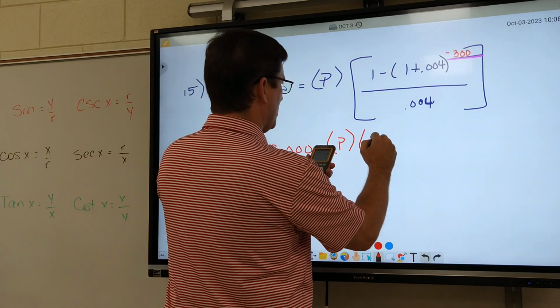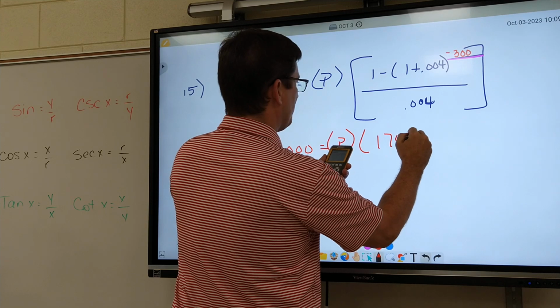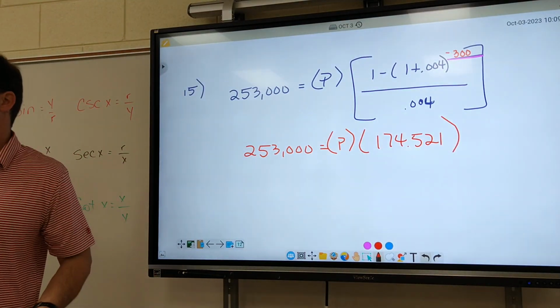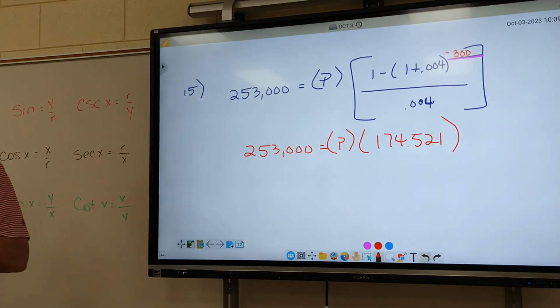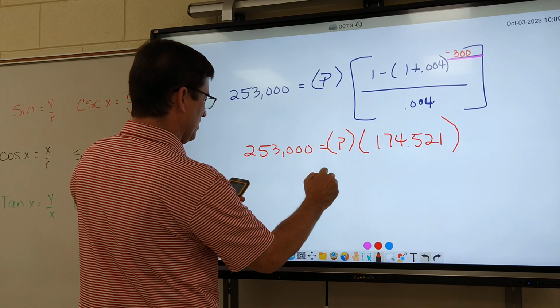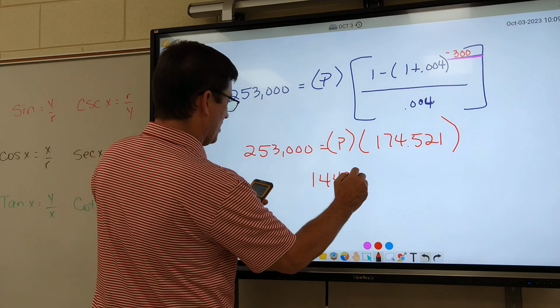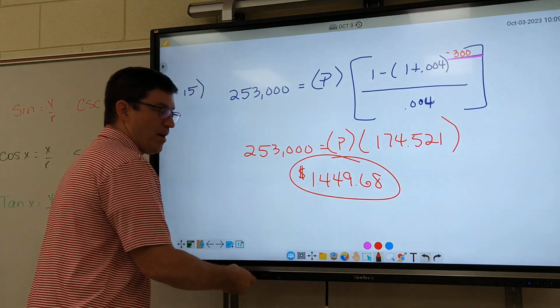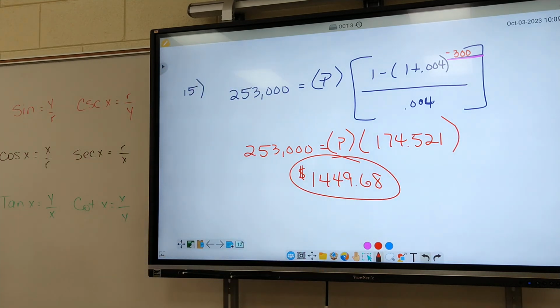All right, I got 174.521. Last step, you just divide. Put 253,000 in your calculator on top. Put 174.521 on bottom. And my house payment is $1,449.68.